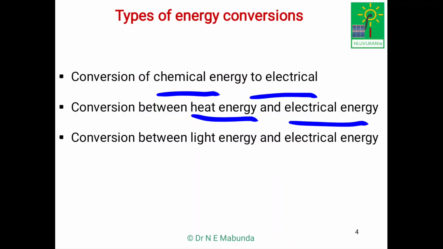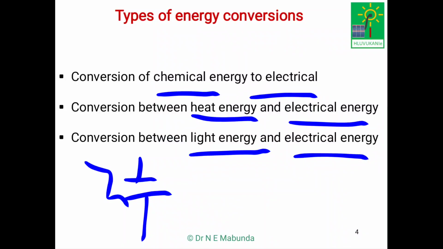We've got one more interesting, light energy to electrical, a photovoltaic, a light that shines on a photocell, and it creates an electrical signal where you're going to have a certain current and a certain voltage. That was discussed, it is a revision.